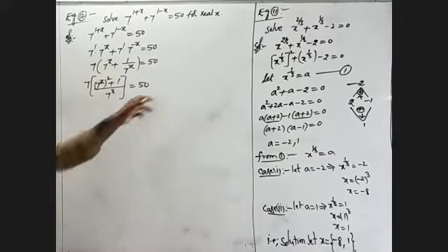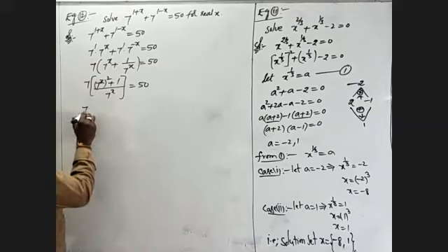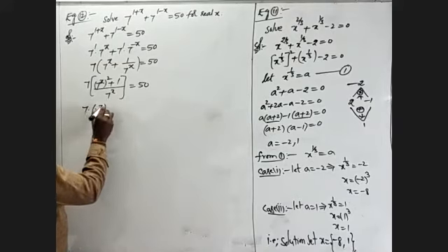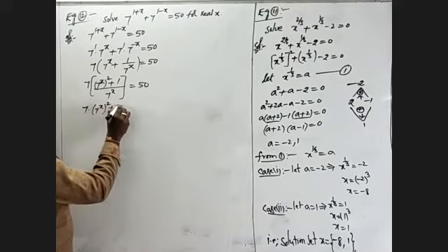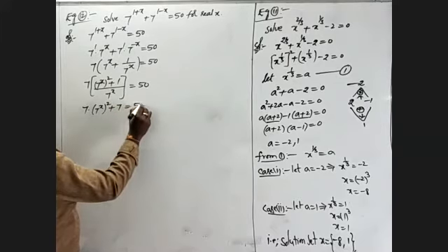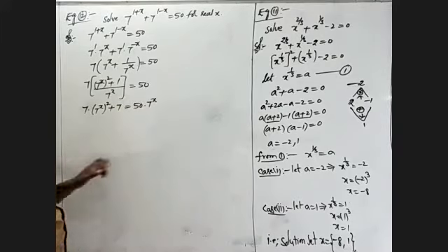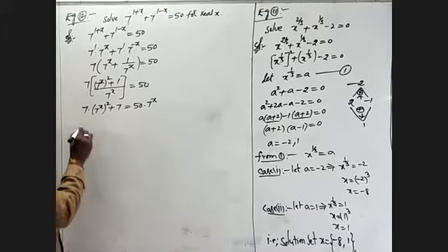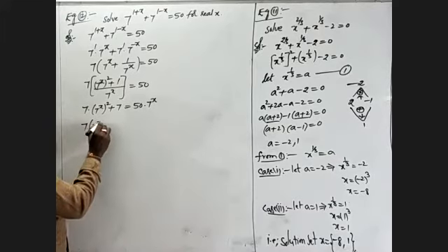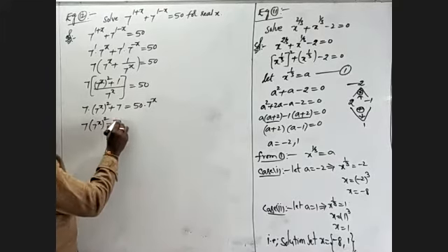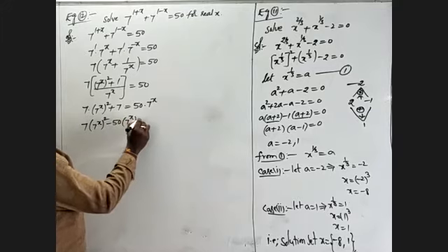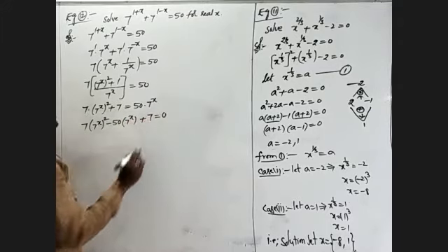Moving this value to the other side, I will write 7 into 7 power x whole square plus 7 is equal to 50 into 7 power x. Moving this to this side, 7 into 7 power x whole square minus 50 into 7 power x plus 7 is equal to 0.